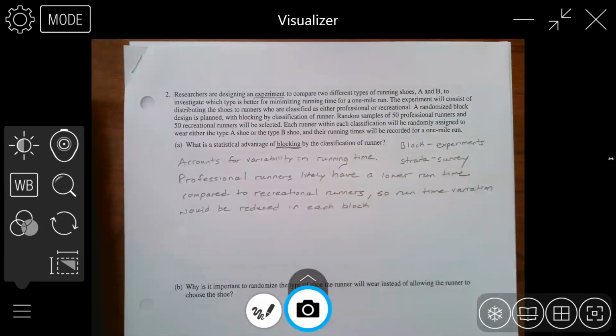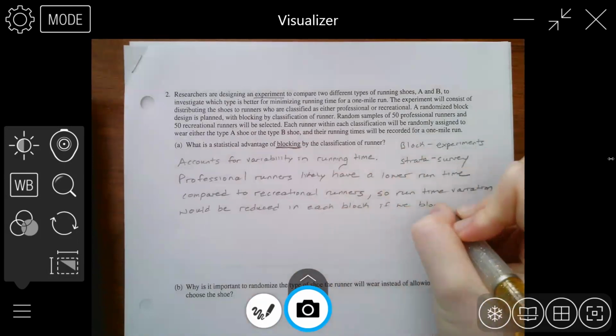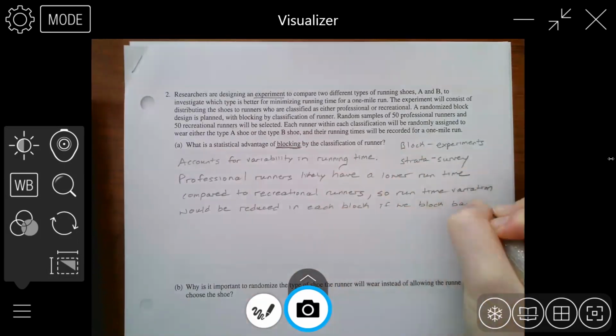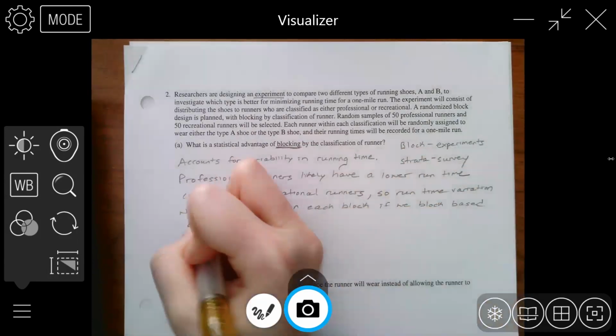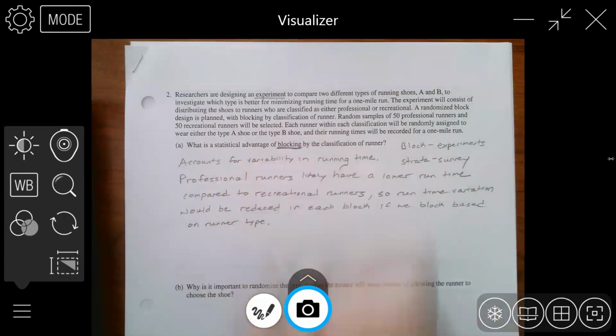If, of course, we block based off of runner type. So far I've answered the question, and I've done so in context with an example. And then it's always important to wrap it up with why this matters or why this is important for researchers.